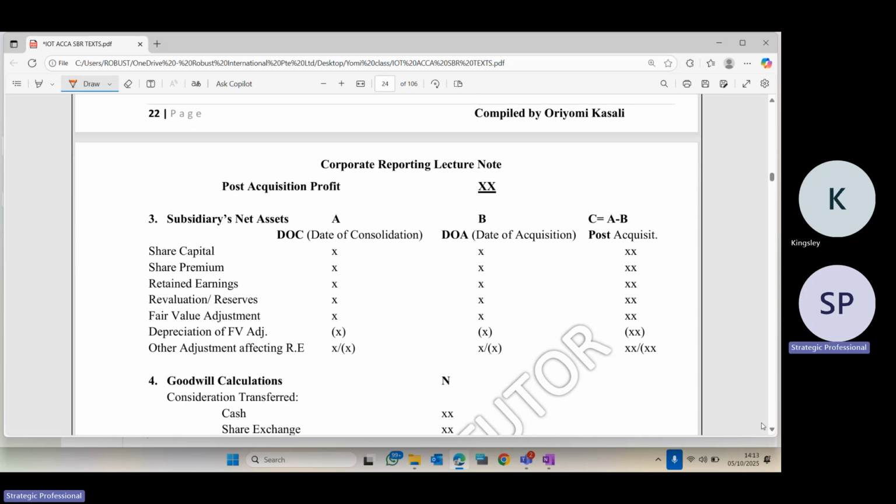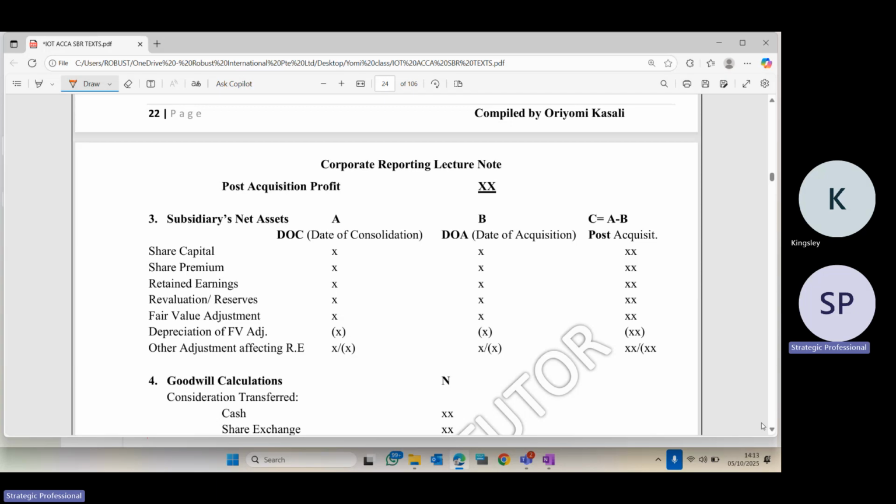At the top of each, I actually put what DOC means, what DOA means, and how I will be getting my post-acquisition.